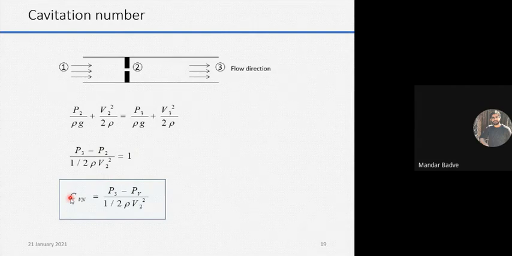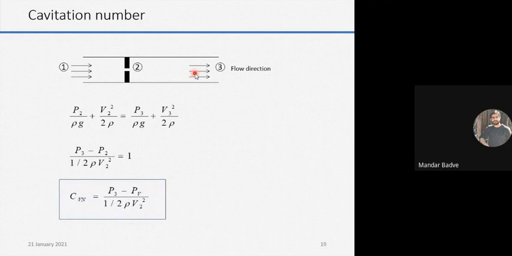So ideally, when cavitation takes place, this number is less than 1. When this number is less than 1, you can assume that cavitation is taking place, that some of the energy which was present here got dissipated for generation of this cavity. So that is how we quantify the cavitation.